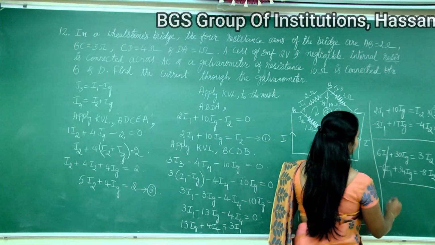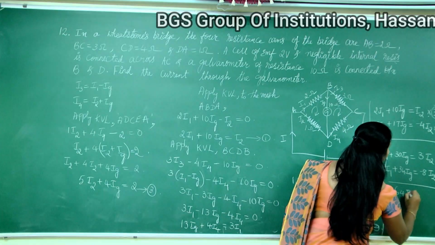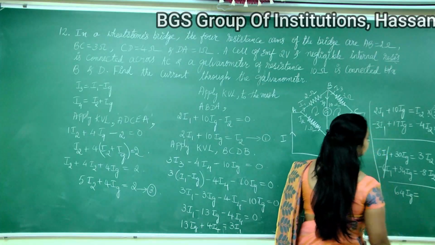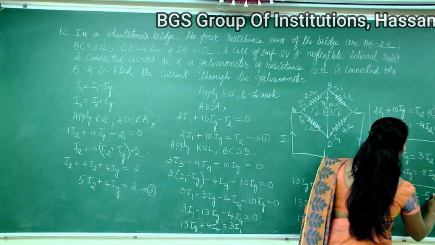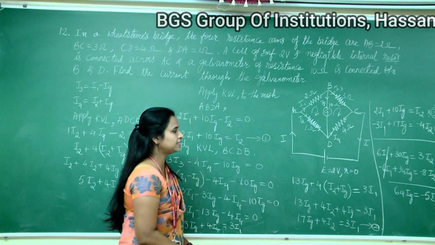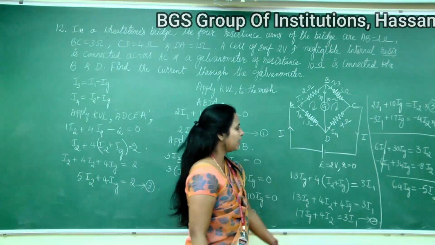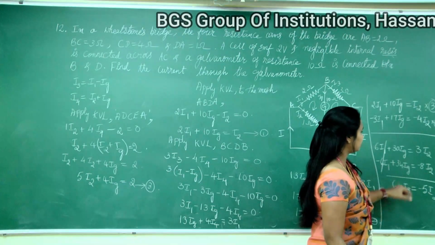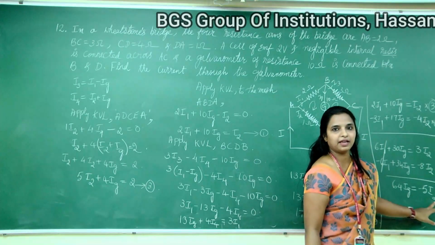So add ಮಾಡ್ತಾ ಇದೀವಿ ಅಂತ ಹೇಳಿದ್ರೆ it is 64ig is equal to minus 5i2. So 64ig is equal to minus 5i2. So on solving these two equations, we got 64ig is equal to minus 5i2.